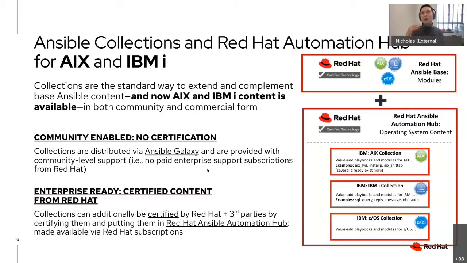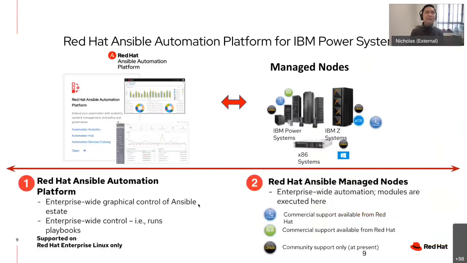So all the content coming out from IBM, the AIX content and the content from the IBM i collection, are all fully supported and certified by Red Hat, right? Which means that if you call us for a problem, you will get the same high SLA for support, right?